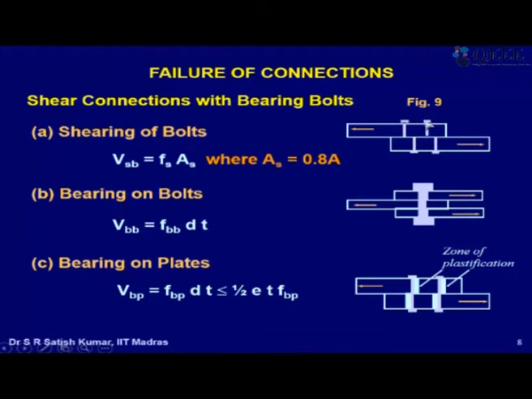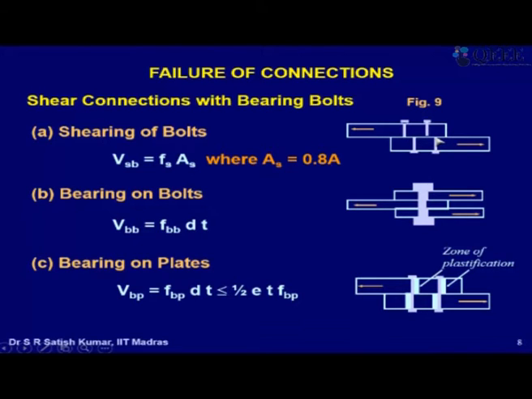Now often we have bolts which are partially threaded or which are fully threaded. Both types of bolts are available. That is, along the entire shank length, I may only thread one part of the length of the shank, let's say half the length, or the entire length of the shank can be threaded. So depending on which cross section comes, that will govern the shearing strength of the bolt, right?